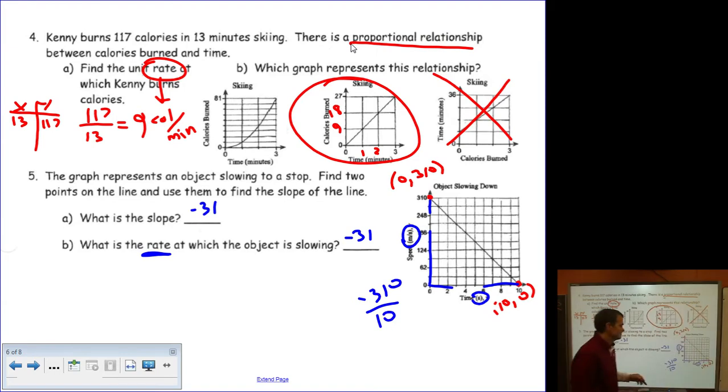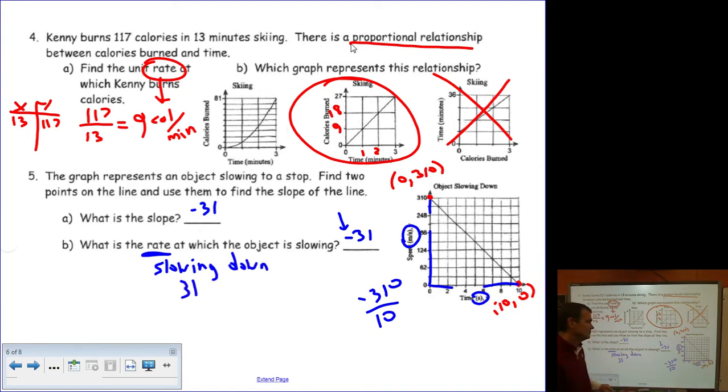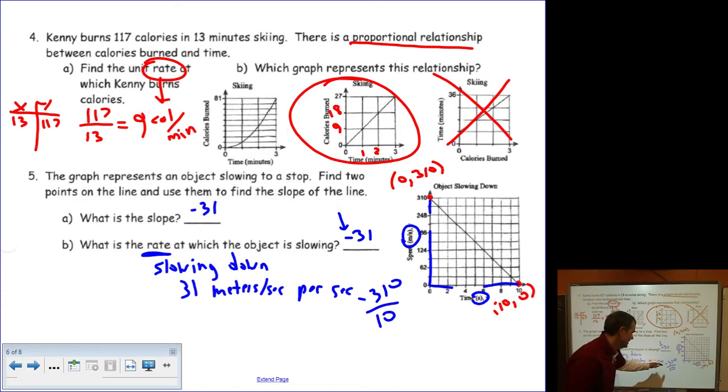So the fact that it's negative means that it's slowing down. So instead of writing negative, I'm going to write slowing down 31, and it would be meters per second per second. That means every second it gets 31 meters per second slower.